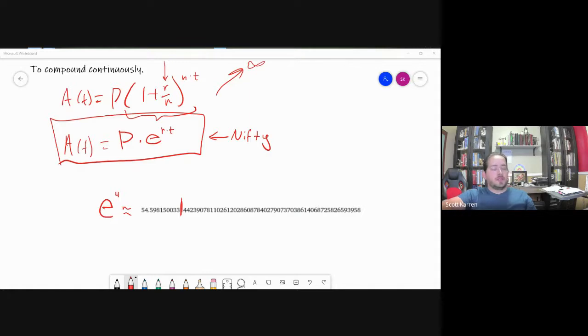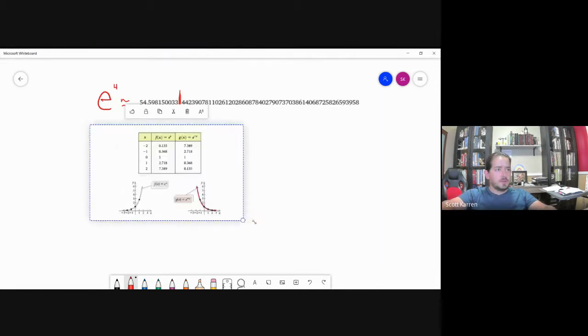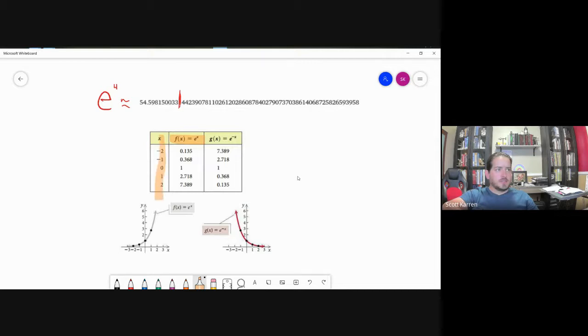If I wanted to graph this, I'm going to save the time because it's illustrated in the book, and that's not a bad thing to look at here. They do 2 at a time. Because e is so ugly, this is definitely a calculator problem, but they've graphed 2 functions. The one was e to the x, and they just took some x values: -2, -1, 0, 1, and 2.